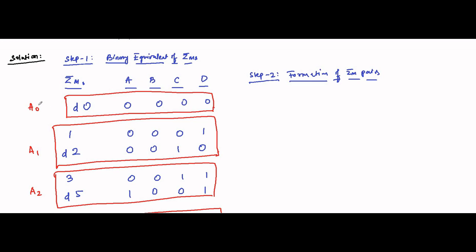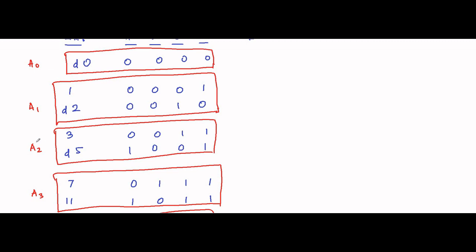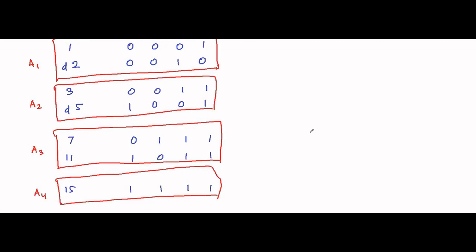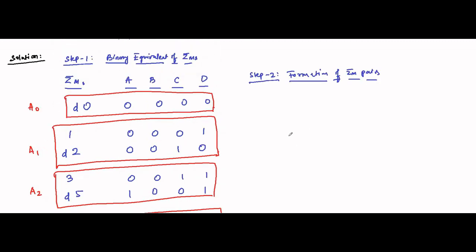We will compare group A0 with A1, A1 with A2, A2 with A3 and A3 with A4. So the minterm pairs that we have, and their binary representation, are as follows.